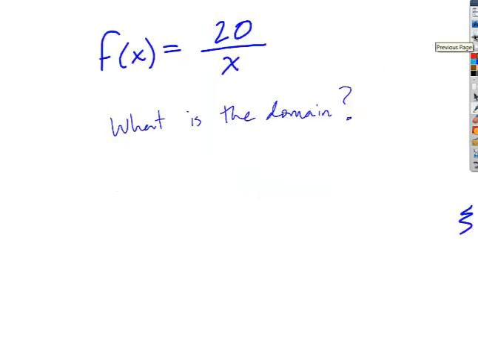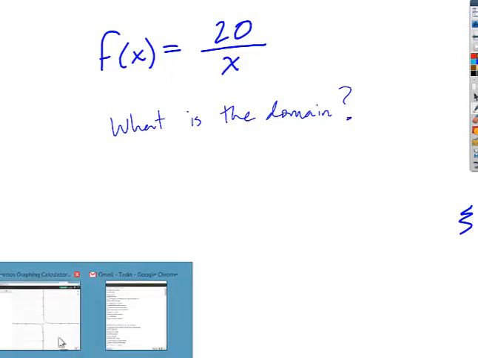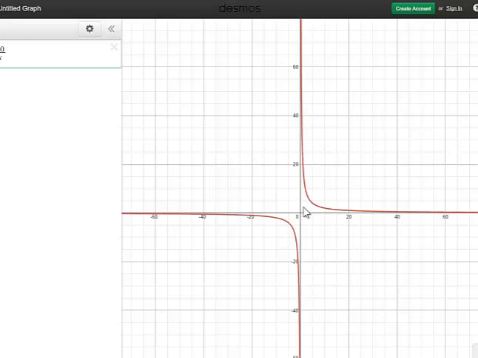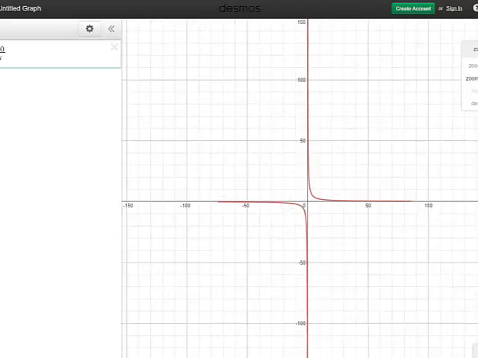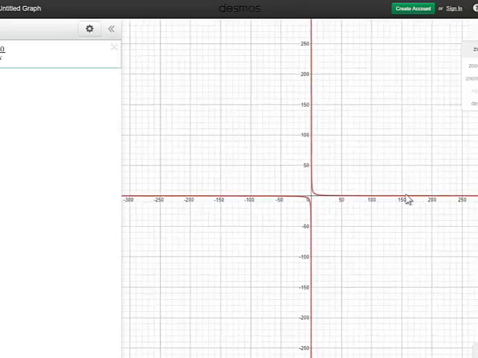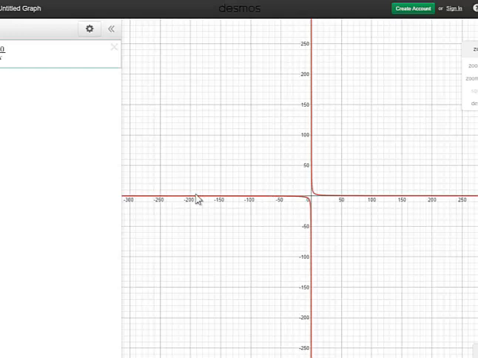So maybe what we should do then is graph this function, because it seems like the graph helps us find the domain. I'm going to show you in Desmos the graph of the function. This is what we get, and I zoomed out a little bit because it really helps you to see that this thing seems to be going on forever in this direction and this direction.